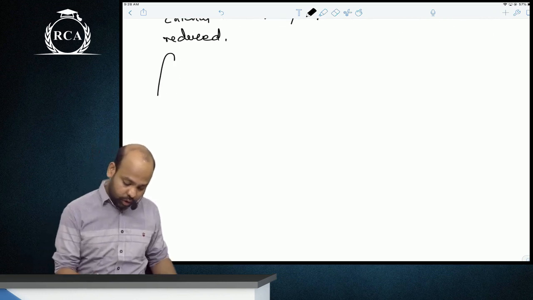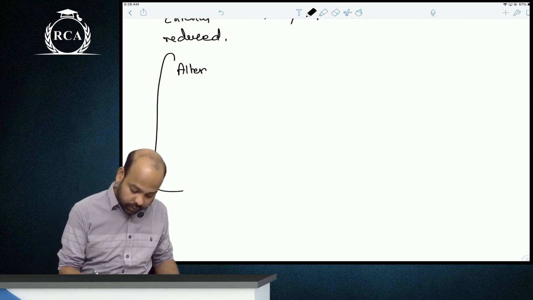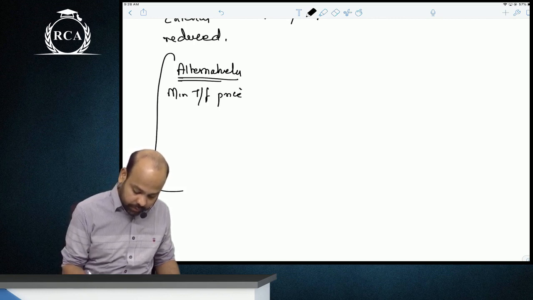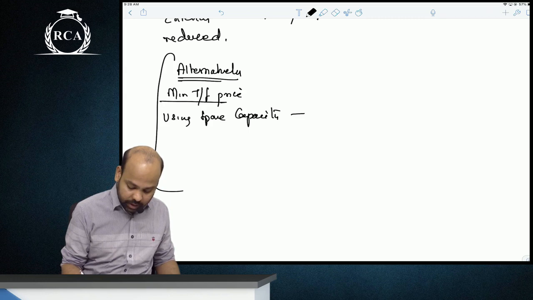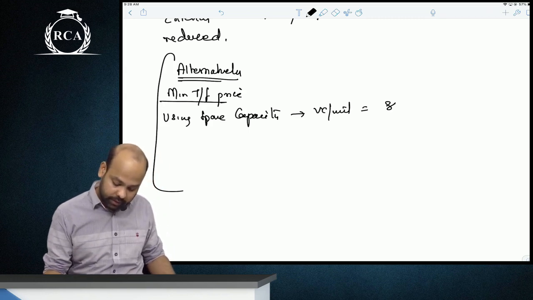Alternatively, guys, if you want to present it like this: the minimum transfer price using spare capacity is the variable cost per unit, that is 85.